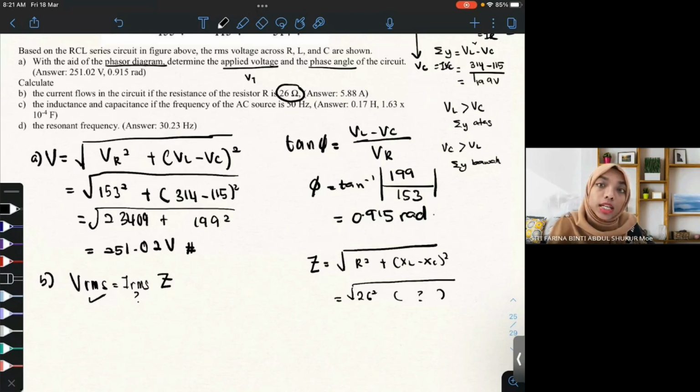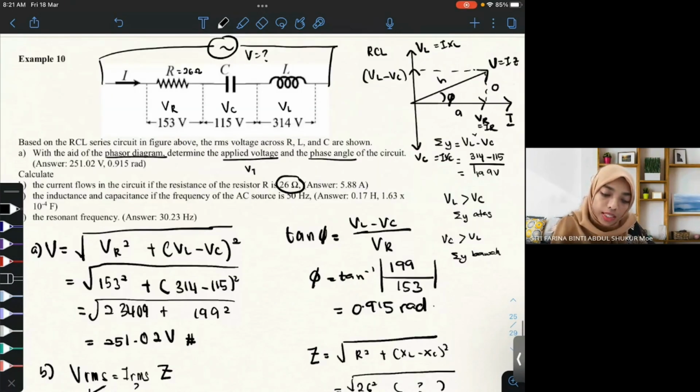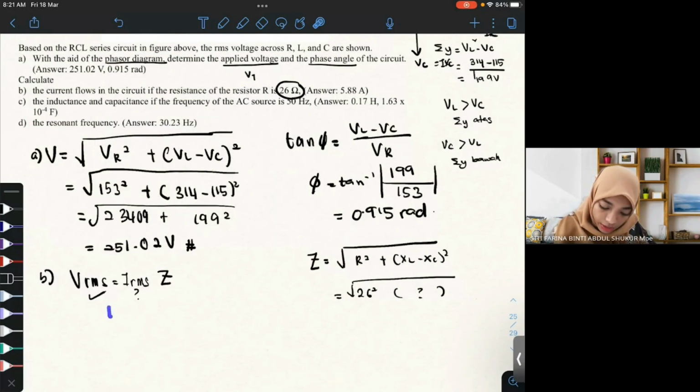Kalau kamu tengok, dia bagi nilai resistance. Dia suruh cari current. And we know that the current that come up from the power supply, IRMS ni, adalah current yang sama akan lalu across resistor ini, capacitor ini dan inductor ini to give the respective voltage across the component. So, kita boleh guna, masih menggunakan kaedah yang sama iaitu Ohm's law, basic Ohm's law.